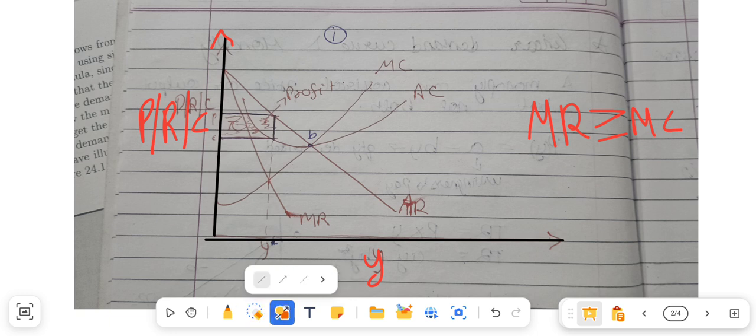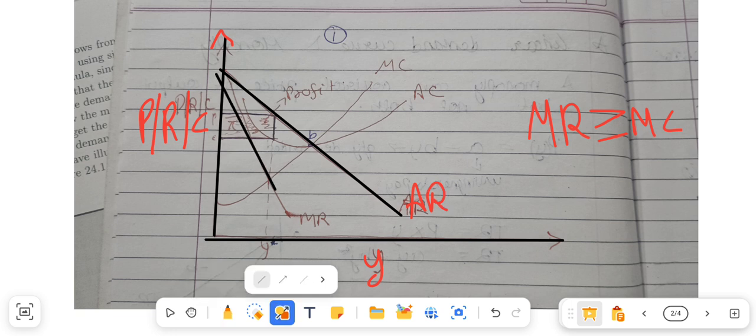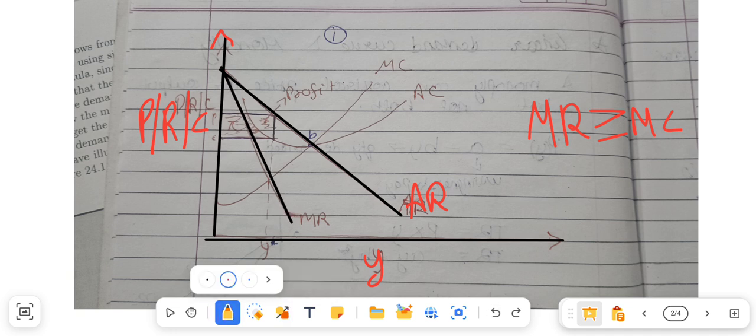So here we will draw the average revenue curve. This is our average revenue curve, and then we will draw the marginal revenue curve. We know that for the monopolist to operate, marginal revenue should be more than marginal cost, so we will draw a marginal cost curve.